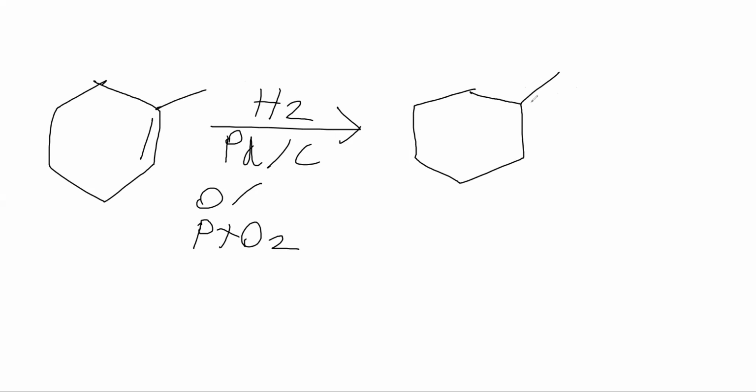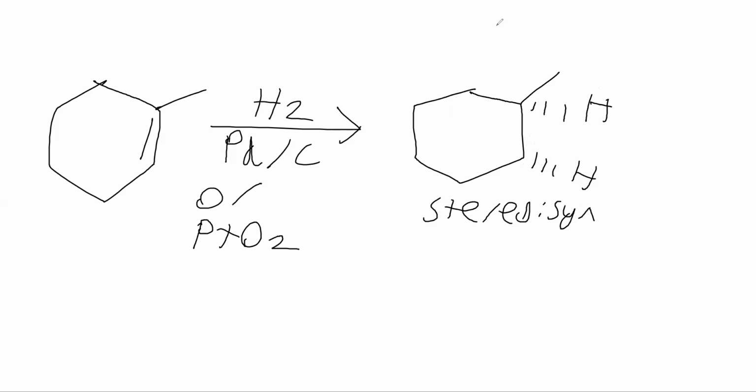And there's no regioselectivity, but if you want to be as detailed as possible, the hydrogens get added to the same side, so the stereoselectivity is syn. That's just a little detail that might come up. I don't know, if it didn't come up in class, it probably won't, but that is relevant.